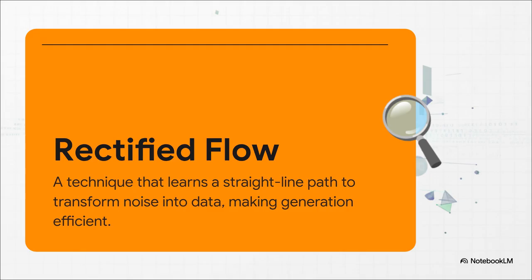Well, Rectified flow is kind of like a supercharged version of that. Instead of taking a long, winding road to get from noise to the final result, it learns the most efficient straight-line path. The analogy they use is perfect. Diffusion is a winding country road. Rectified flow is a direct, straight highway. And because it's a straight line, it takes way fewer steps, which makes the whole thing a lot faster and more efficient.